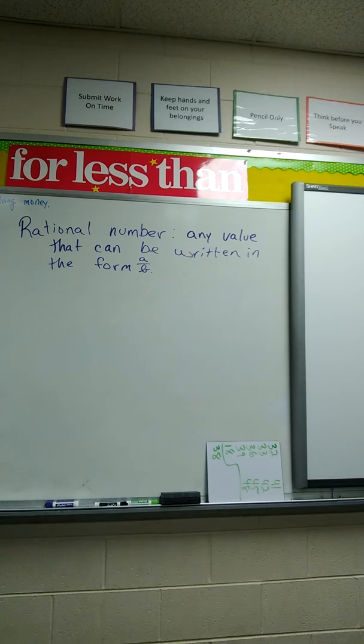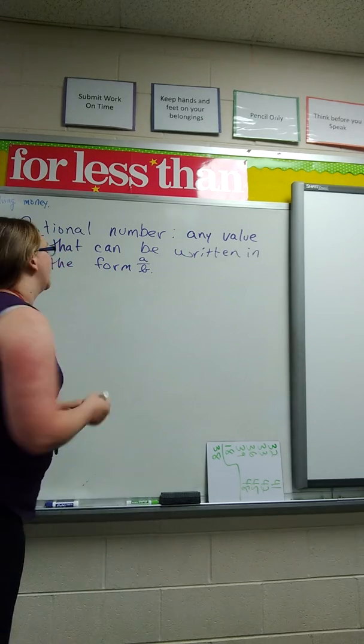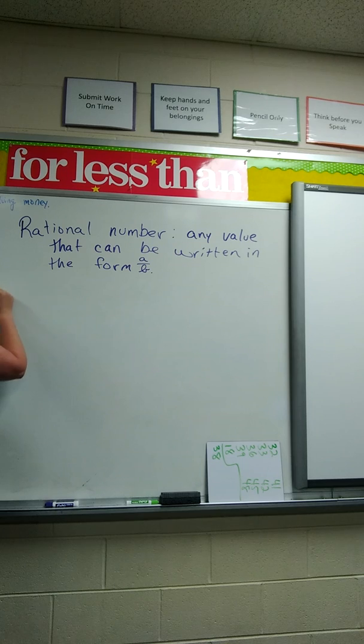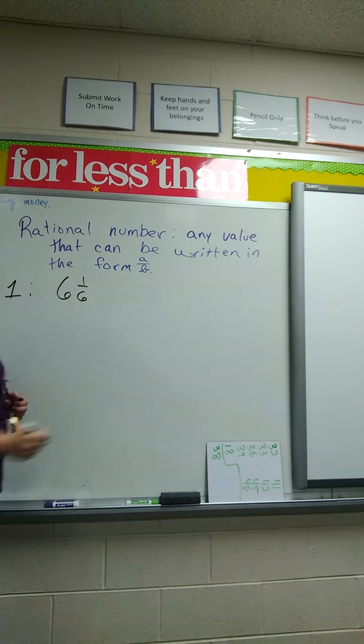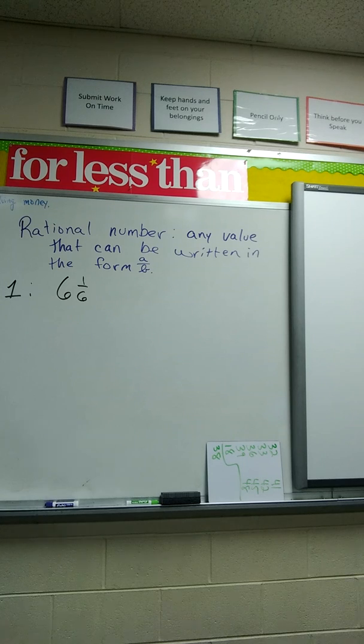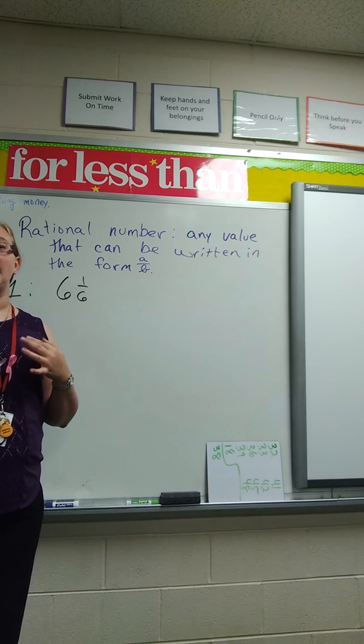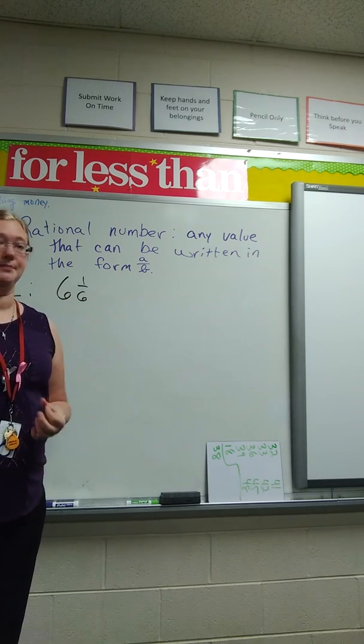The first is 6 1/6. We commonly call this a mixed number or a mixed fraction, depending upon who taught us. I prefer the term mixed number as opposed to mixed fraction, but they're synonymous.